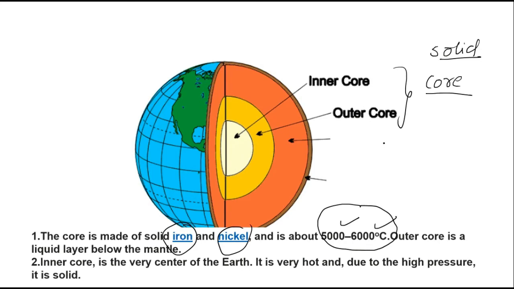They can even melt, but the pressure on this is so much that it is totally compressed, and therefore there is no option for it to melt. So they are in the form of solid, right? So please remember that the core is in the center, and it has a very high temperature.